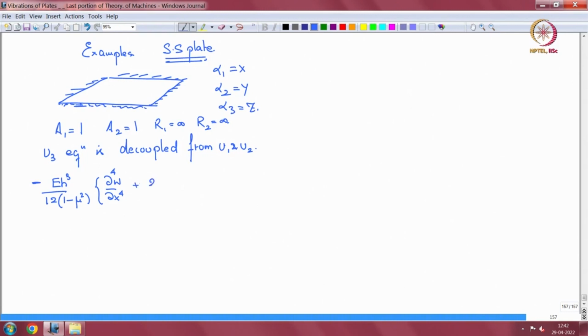So I get plus 2 del 4 W by del x square del y squared, plus del 4 W by del y 4, minus lambda W dot, minus rho H W double dot is equal to minus Q3 of x, y, t.